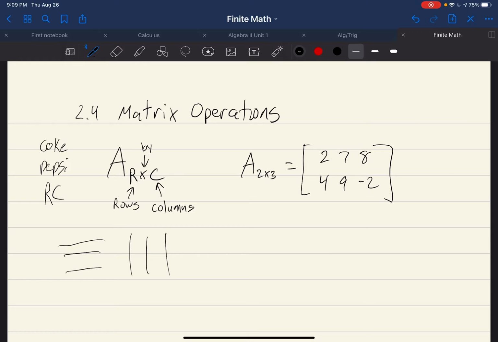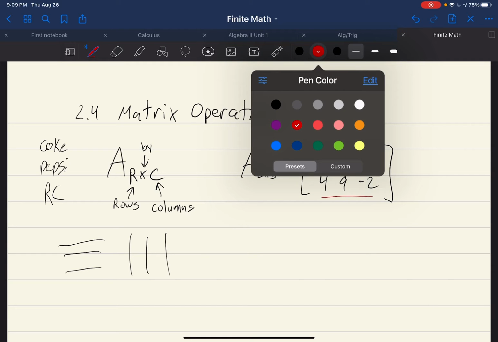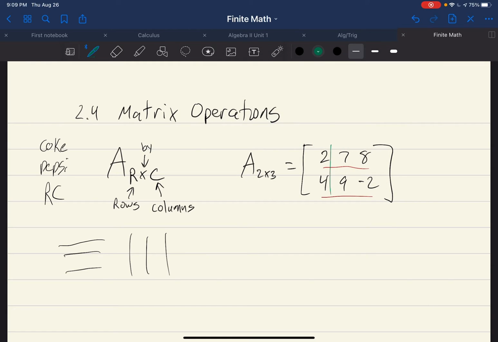Does that make sense? 2 rows, so row 1, row 2, and then 3 columns. Columns go up and down. 2 rows, 3 columns. Now the individual numbers in here are called elements. All right. Then the A matrix is 2 by 3.